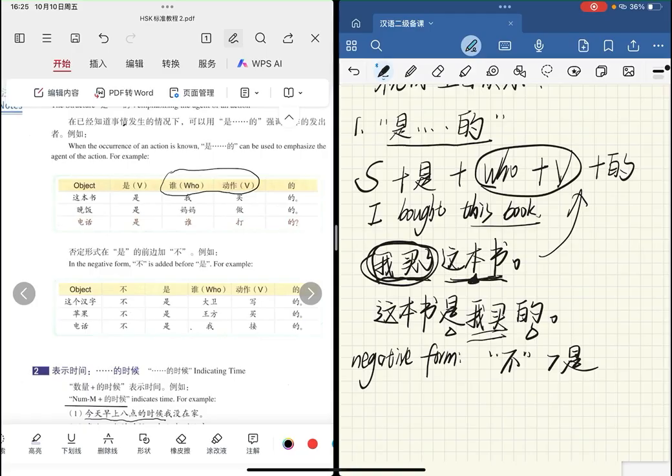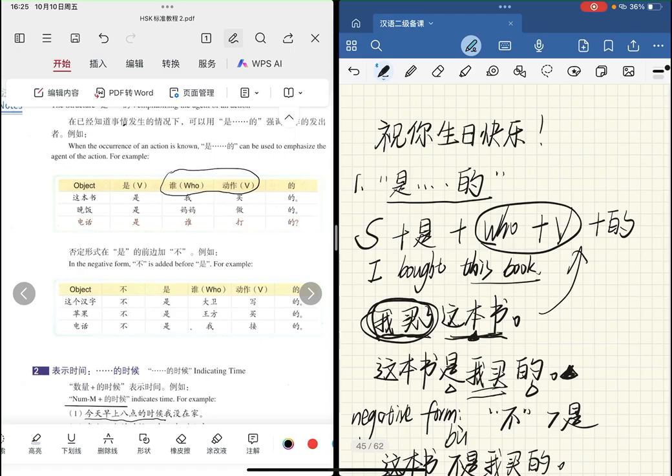For example, let's turn this sentence into the negative form. 这本书是我买的。And the negative form, 这本书不是我买的。We add the 不 before the 是。Okay, so this is the emphatic sentence pattern 是的, and we use it to emphasize the doer of the action. Okay, continue.